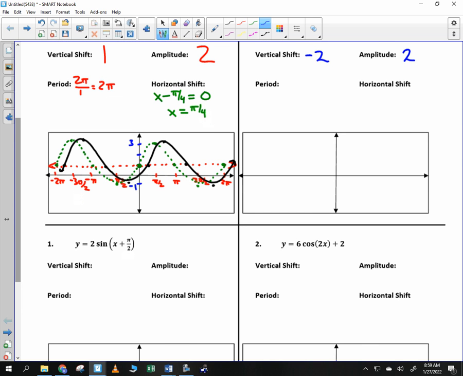Vertical shift is down this time. If the vertical shift is down 2 and the amplitude is 2, how low will I go? All the way down to -4, and you'll go up to 0.